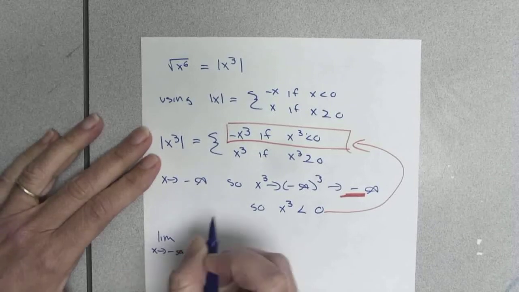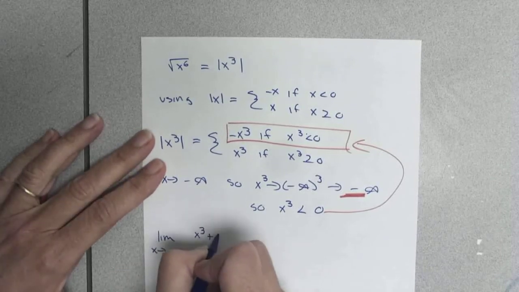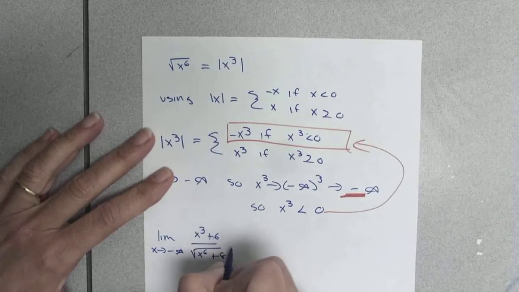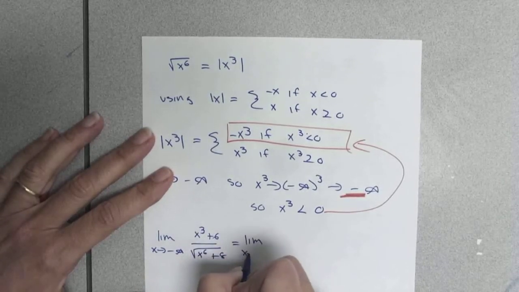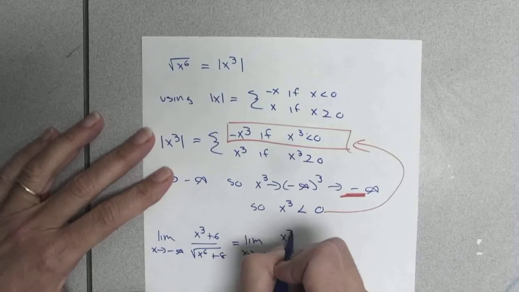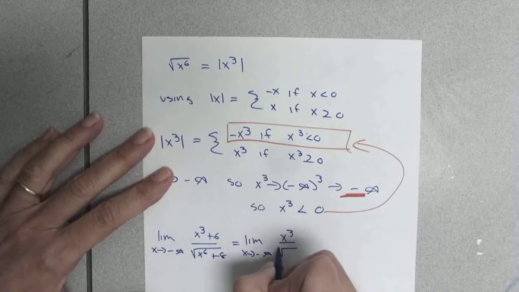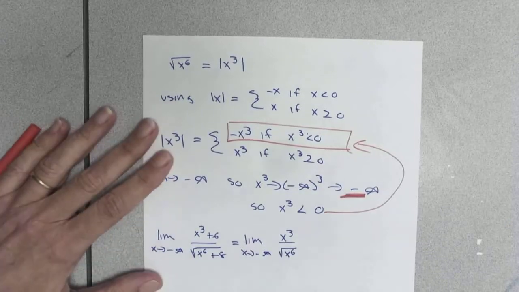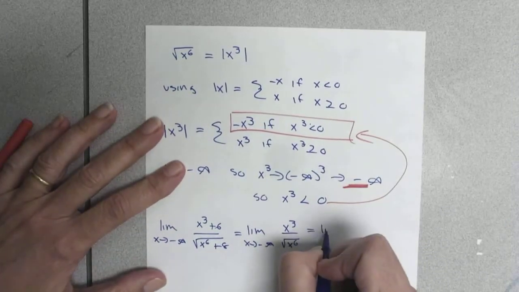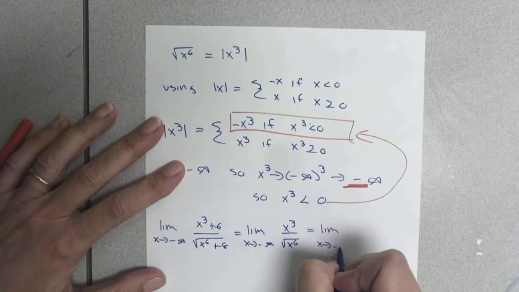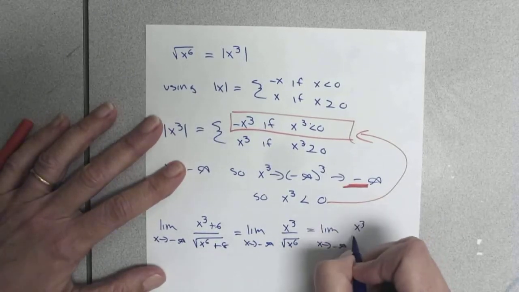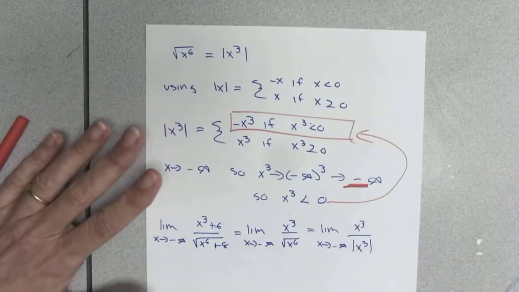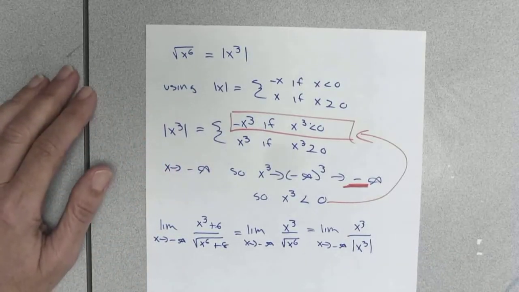So putting this all together, we had the limit as x goes to negative infinity of x cubed plus 6 over the square root of x to the 6th plus 8. We decided that since we are dealing with negative infinity, the plus 8 and plus 6 were irrelevant. Then we decided that the square root of x to the 6th was the absolute value of x cubed.